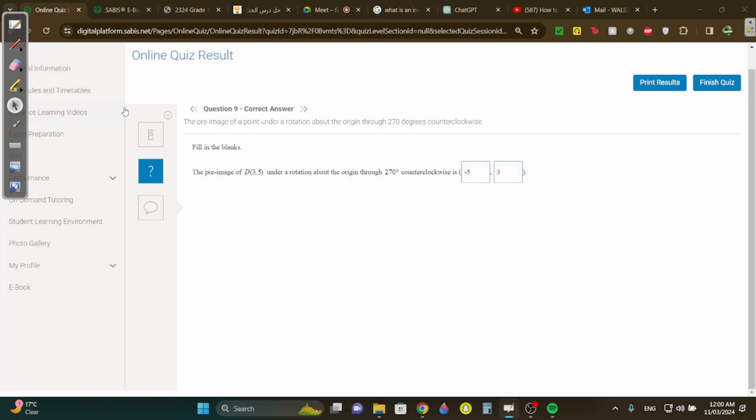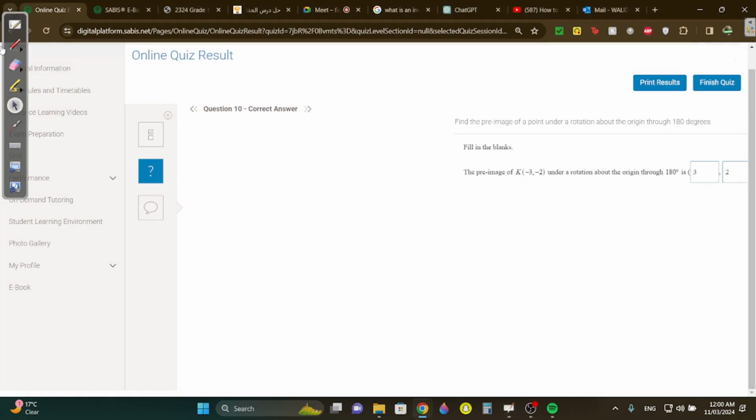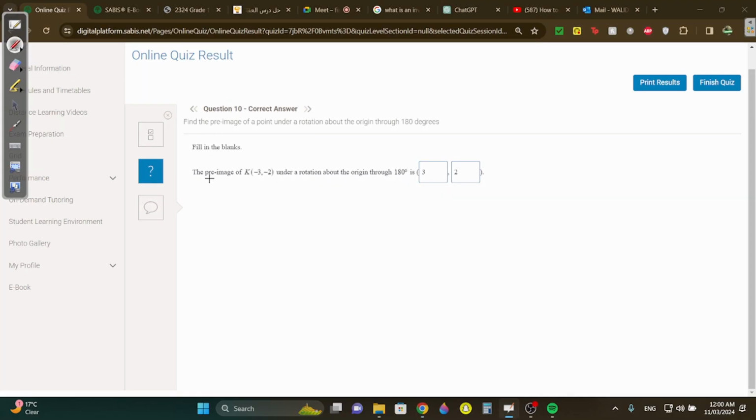Question 10. The pre-image, again pre-image, of K under a rotation through the origin of 180 degrees. So K was A comma B. They want 180 degrees. 180 degrees is A comma B goes to negative A comma negative B. So this negative 3 comma negative 2 goes to 3 comma 2.